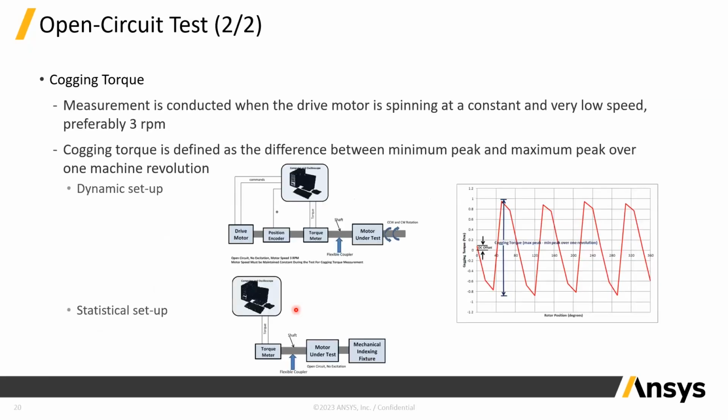Again, the standards specify how the hardware test bench is going to be built as a dynamic and a statistical setup, how the motor electrical machine is going to be driven by different mechanical fixtures, and how the sensors and the hardware are going to be mounted into the test bench, to be able to capture the quantities and translate those into a digital format.